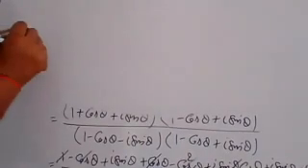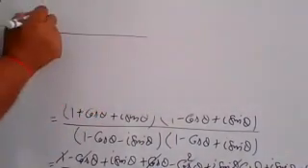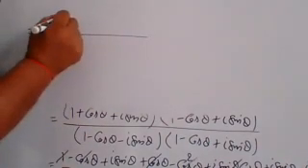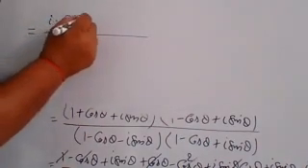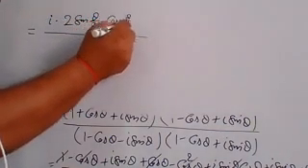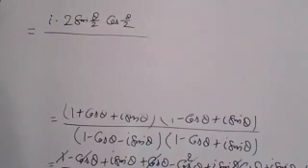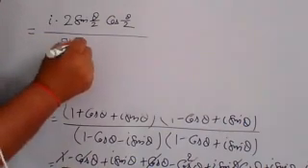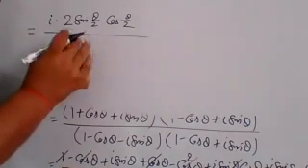So here you have I into, in place of sine theta, that can be written as 2 sine theta by 2 cos theta by 2, and 1 minus cos theta is equal to 2 sine square theta by 2.